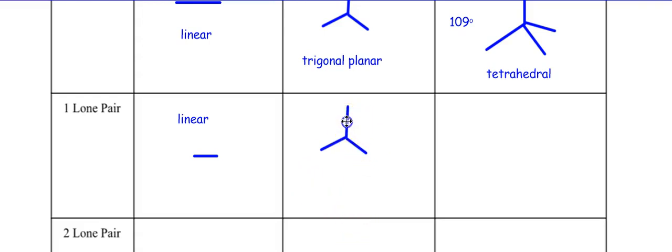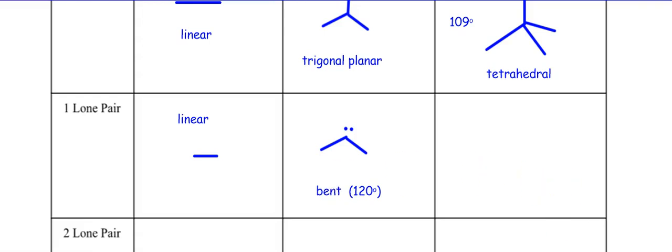But what happens if I erase that, and in its place, I put a lone pair? Now what? It's no longer a trigonal planar. These electrons are here, but I don't see the bonds, all right? It's going to be bent. And it's still about 120, maybe a little bit less, but close to 120, okay?